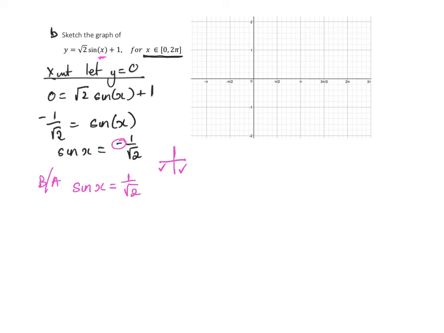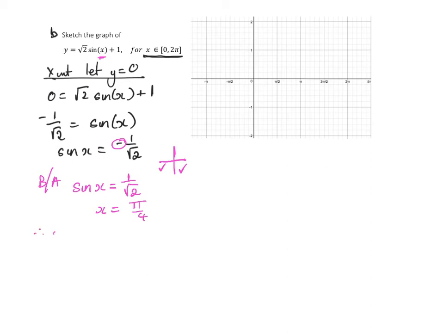So it's 1 on √2. Sine x equals 1 on root 2, which means that x is equal to, now we're in radians, pi on 4. Is that a solution that we're going to take? Well, unfortunately no, because our solutions are in the third and fourth quadrant.